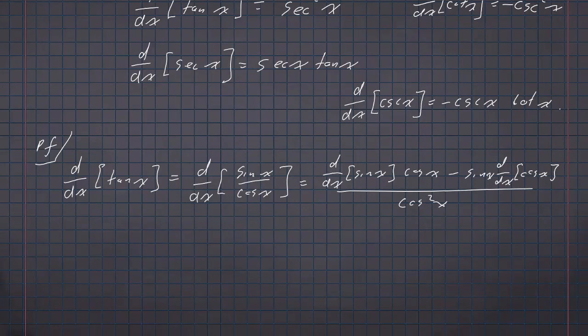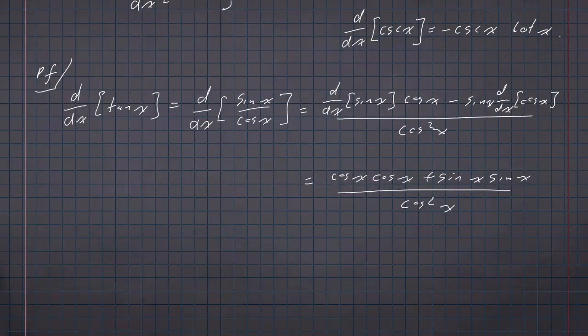Derivative of sine is cosine, derivative of cosine is minus sine. So we have cosine times cosine plus sine times sine all over cosine squared, which I can simplify and call cosine squared x plus sine squared x all over cosine squared x.